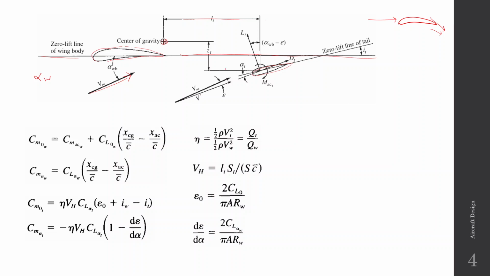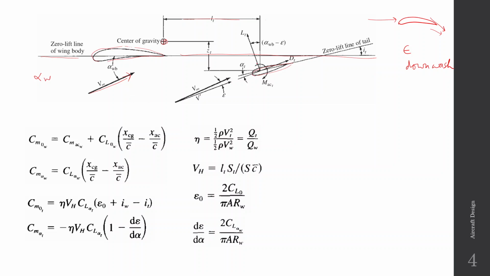So this disturbance will affect the tail also, and the net effect is summarized in a term called downwash. Here epsilon indicates the downwash effect, and there are expressions to estimate this also.